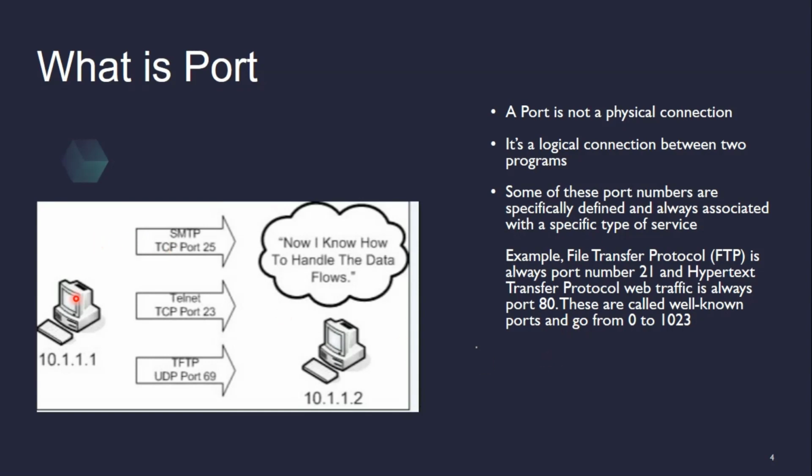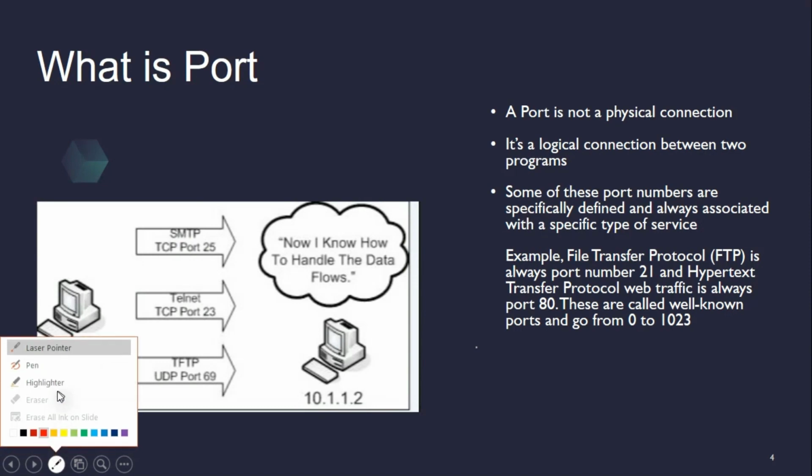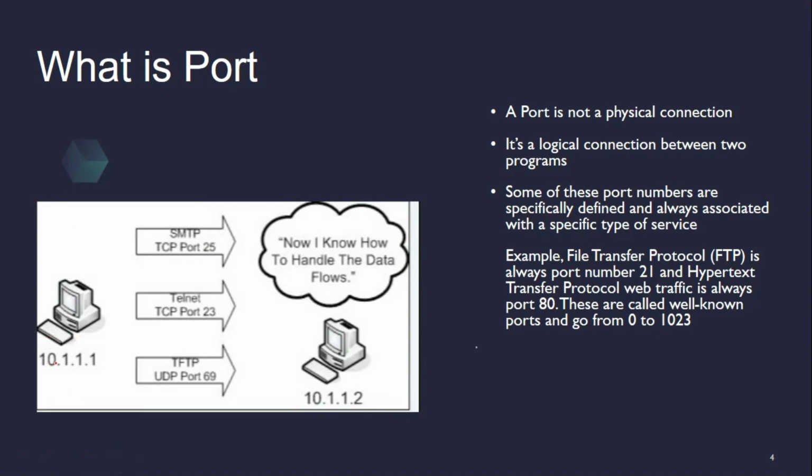So we'll see what a port number is. A port number is like a logical connection. If I'm sending information from 10.1.1.1, and I'm using a connection like SMTP, FTP, or HTTPS, what will happen is, after the IP address, it will add the port number.